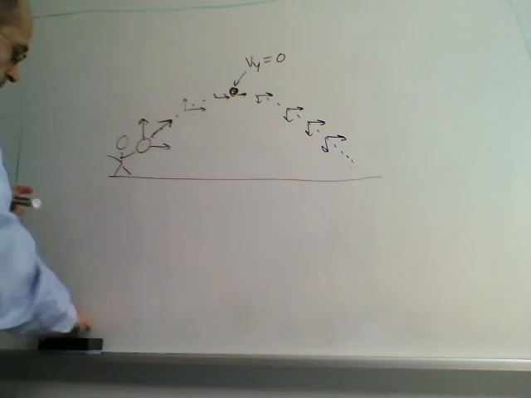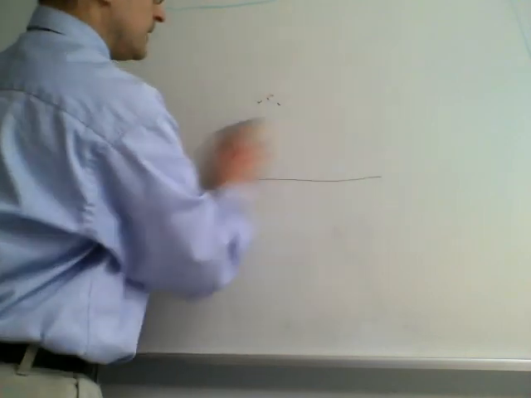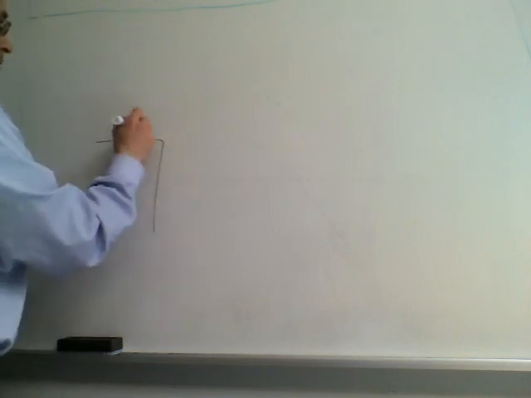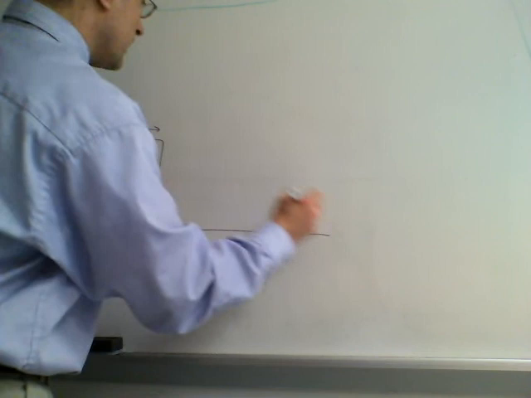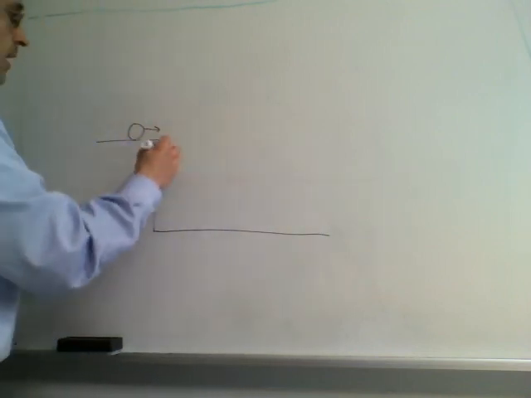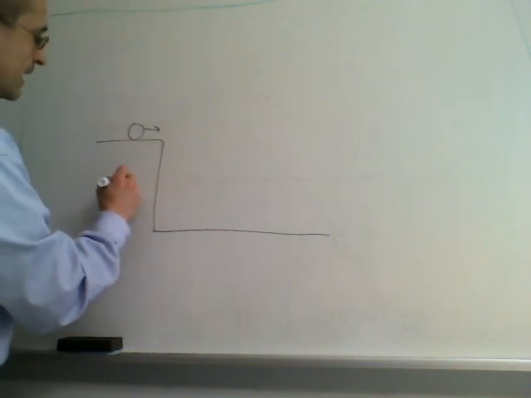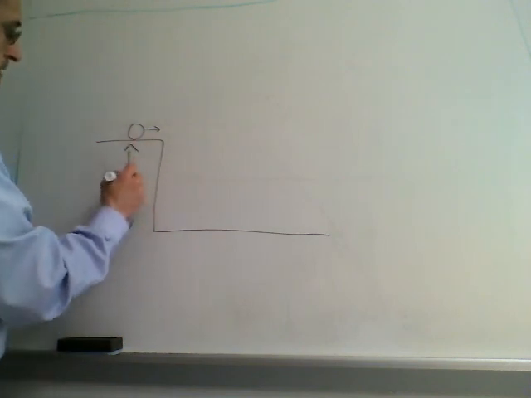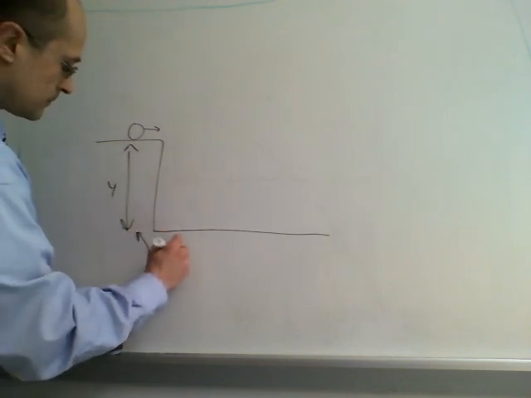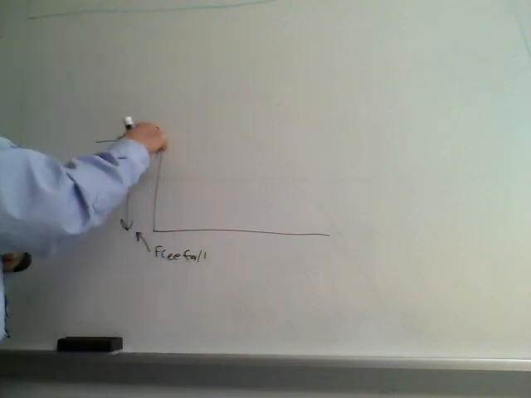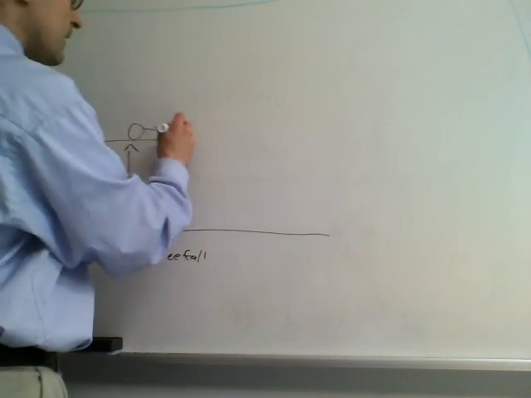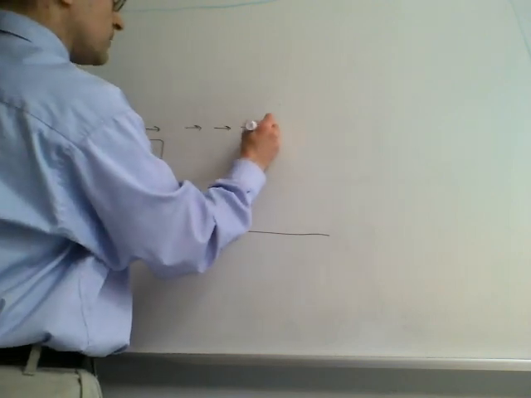The other example we looked at was the idea that if you roll something off the table, because we said that this motion is made up of two components, x and y, in this case, the y motion is free fall. You have free fall in the y because there's no initial y component, it's just falling off the table. Then in the x, you have some constant x velocity.